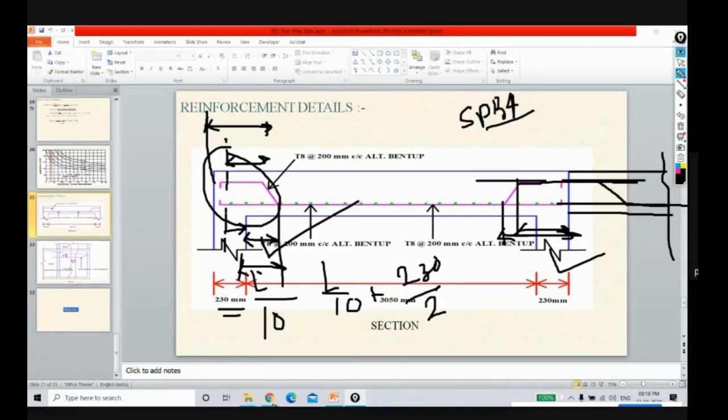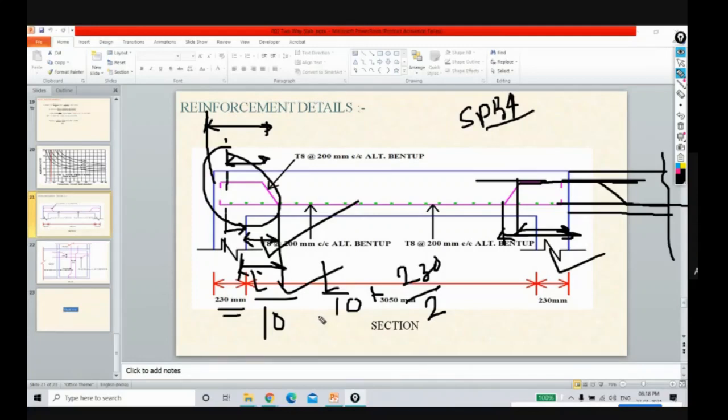Is it L by 7 or L by 10? L by 10 should be at the topmost bar, and L by 7 should be at the bottom. I have taken L by 10 just for example. It could be L by 4, L by 6, L by 7, L by 10.